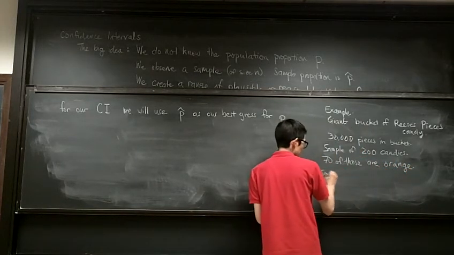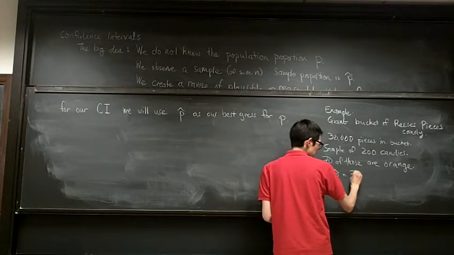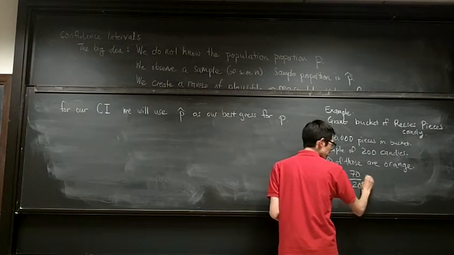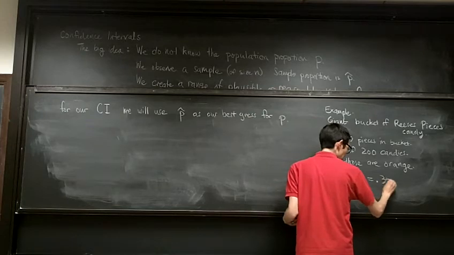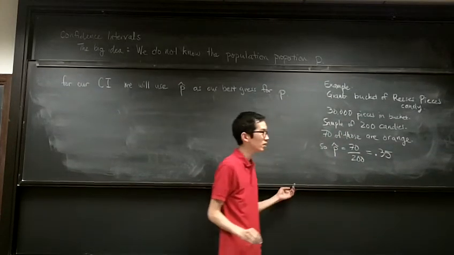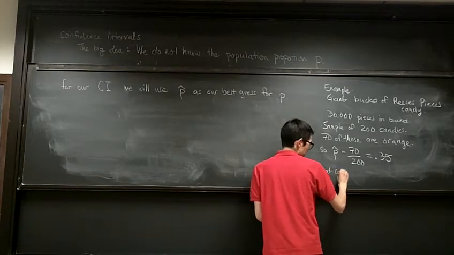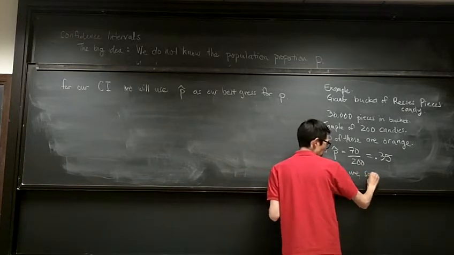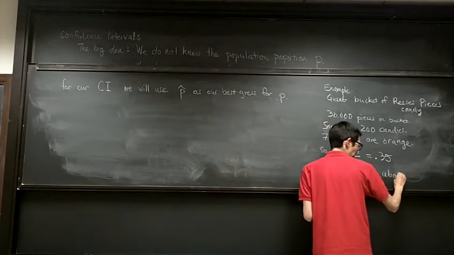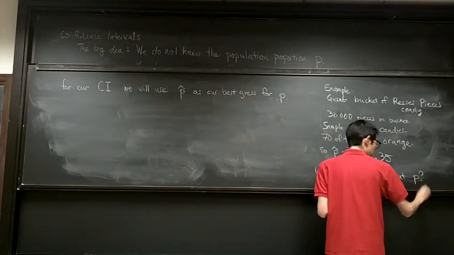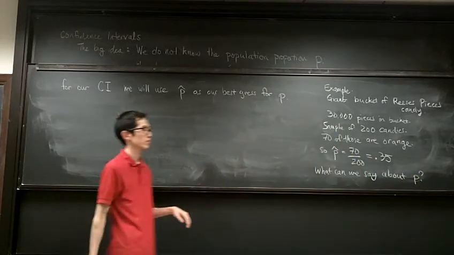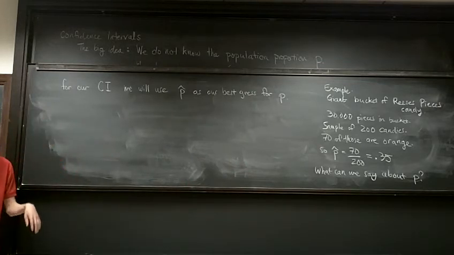So p hat is equal to 70 divided by 200, 0.35. What can we say about p? That's the example we're dealing with.